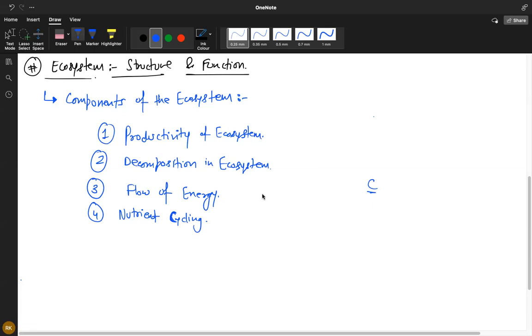That plant will take that CO2, again fix it by the process of photosynthesis to make a glucose molecule, which again will be stored in some fruit. Again, someone will eat a fruit and get the same carbon molecule in the form of a glucose molecule. Do you understand?